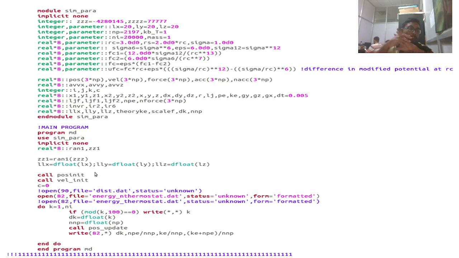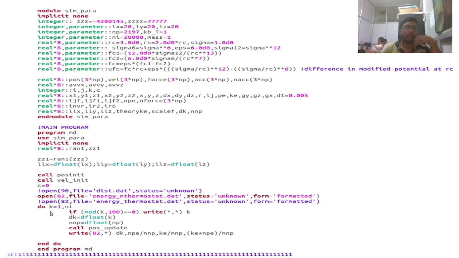One is initial positions and the other is velocity_init. So initially we have to give all of the particles their initial positions and initial velocities, and those two operations have been done in two separate subroutines. We can do this in the main program also, but that will make the program hazy and less readable. Therefore we have used subroutines.